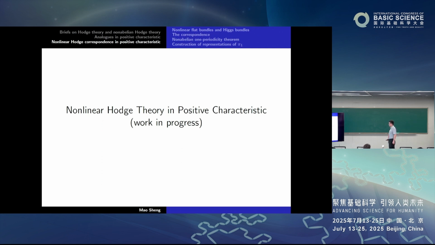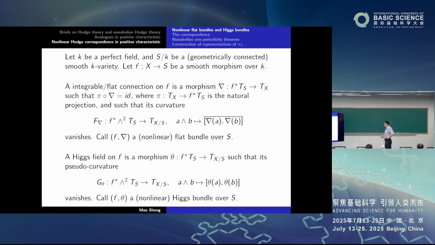Now I'll report some new things, which I call nonlinear Hodge theory. K is a perfect field. Here I give a notion which works for any field, either characteristic p or characteristic 0.